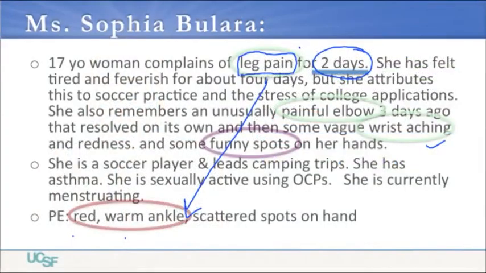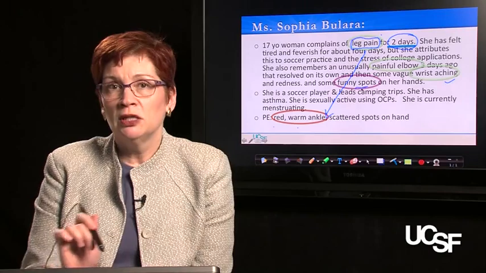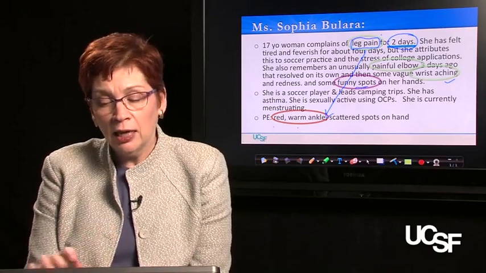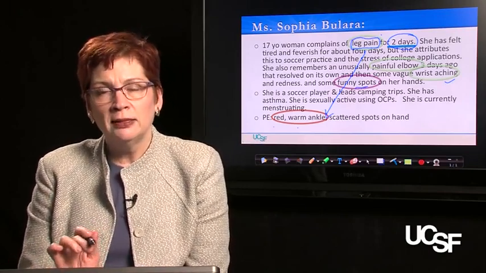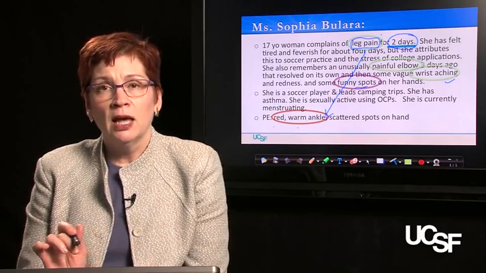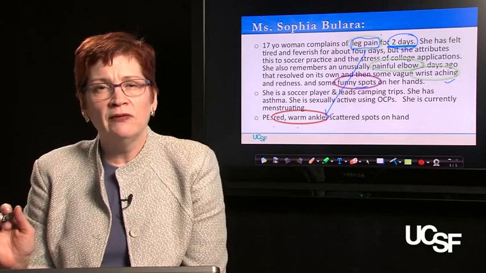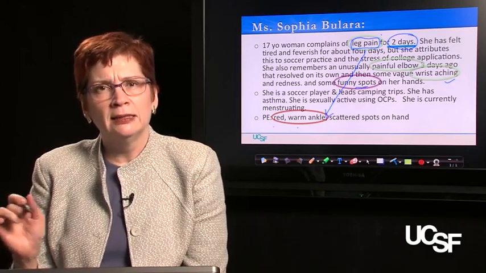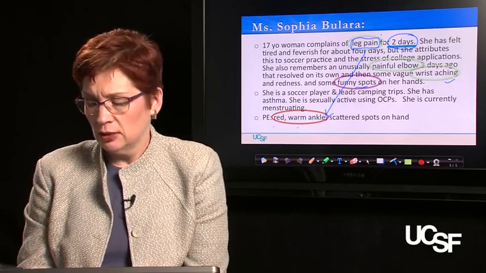And in addition, there's other important elements of her presentation that I think are quite unique, and that's the funny spots on her hands. So I'm not going to start with a differential diagnosis of leg pain. I'm going to take all of this information, process it in a way that makes it useful to me, and I'm going to allow that to help me navigate through my ideas about what might be causing her symptoms.